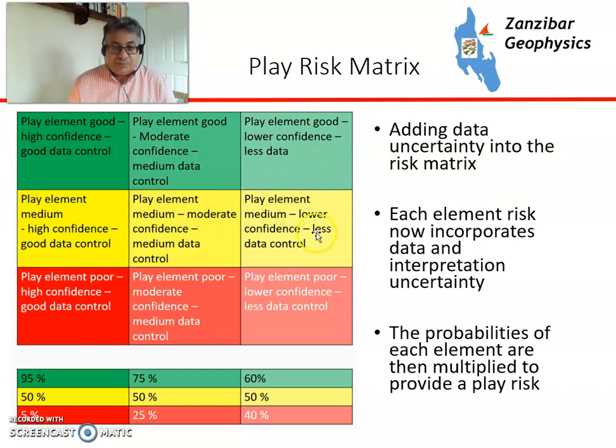And then here you have the mediums, where here you don't really know. Here you know something, but you're still confused. And here you know a lot, but you still don't know what is going on. And here is for poor. This is a situation where you have a poor element belief, high confidence that you really think it's not going to work, and good data control to back it up. So this is looking at it in a more probabilistic way, taking the element of uncertainty into account.